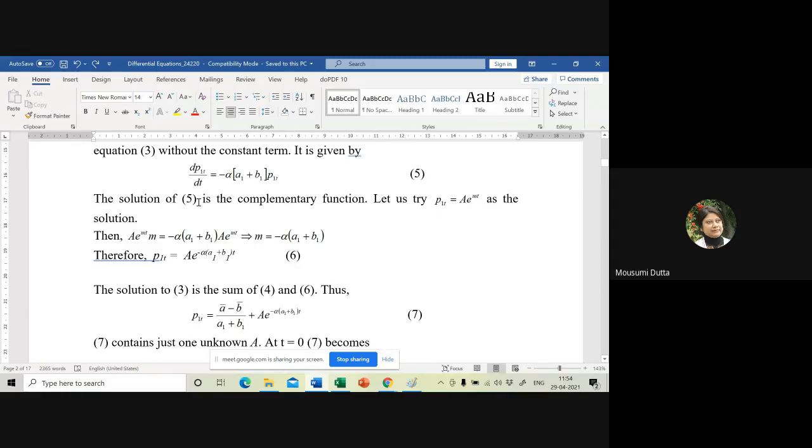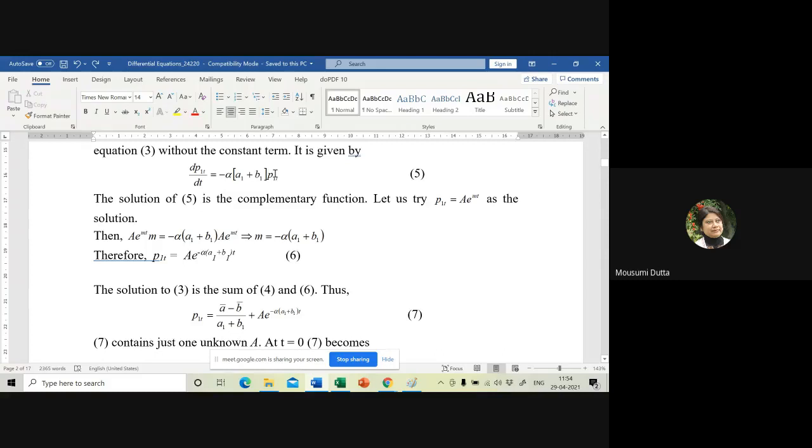The left hand side is dp by dt, so I have to take the derivative of p, and that becomes a e to the power mt into m, equal to minus alpha into a1 plus b1.